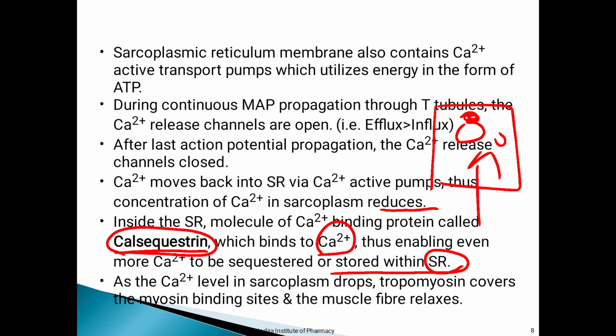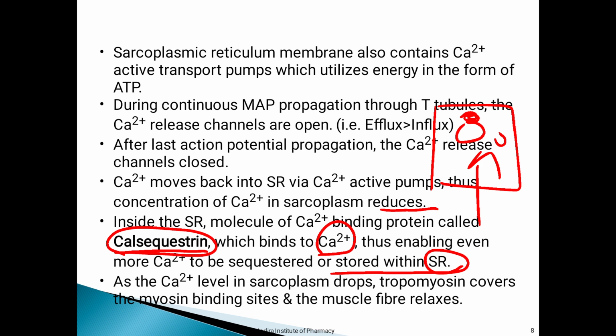As the calcium level in the sarcoplasm drops, tropomyosin covers the myosin binding site and now the muscle fibers are relaxed. Because when calcium binds to troponin, it causes tropomyosin to slightly change its orientation and detach, which frees the myosin binding sites.